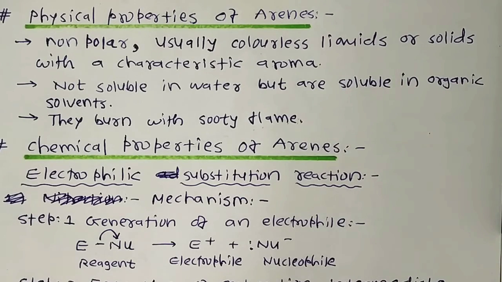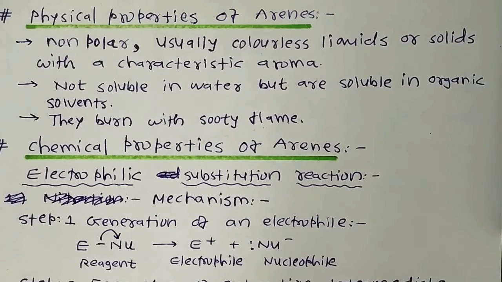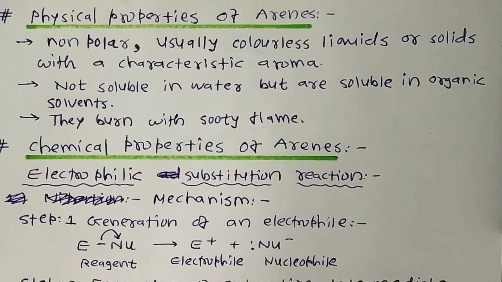As compared to the sigma electrons, these pi electrons are loosely held, so they are easily available for an electrophile. In other words, the benzene ring acts as a source of electrons, meaning a nucleophile, and it attracts an electrophile; the electrophile repels a nucleophile. Thus, the reactions of benzene and other arenes are initiated by electrophiles.